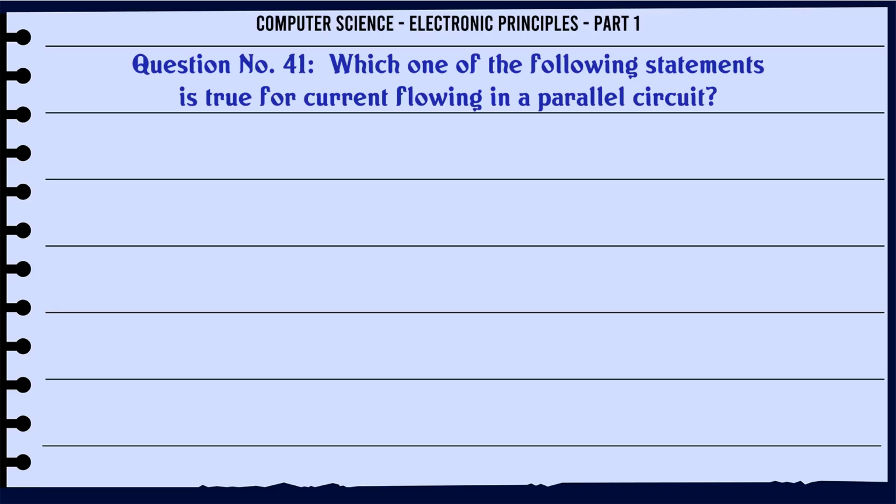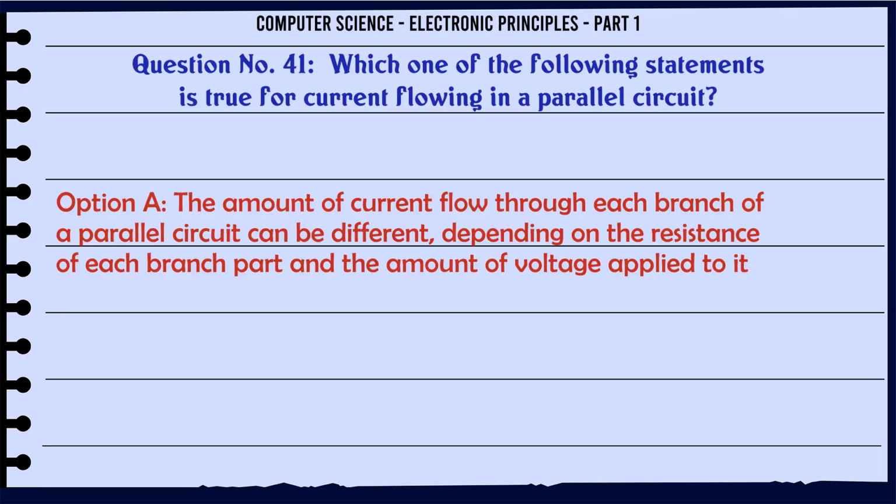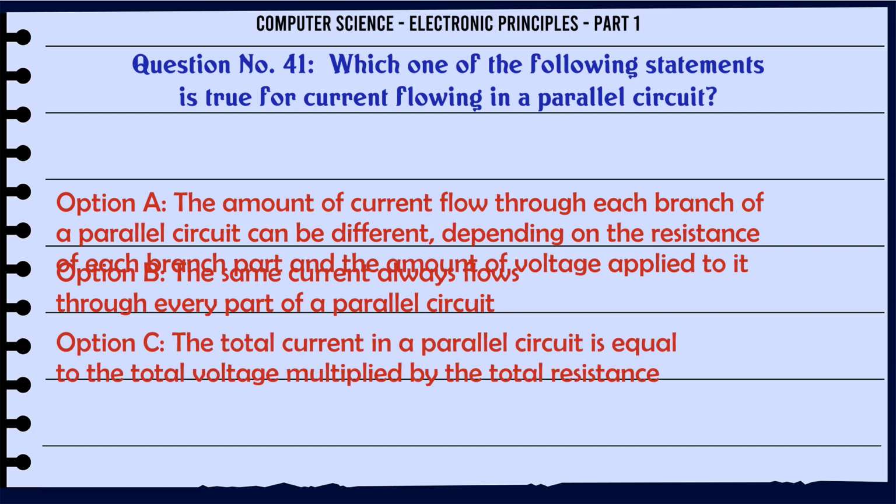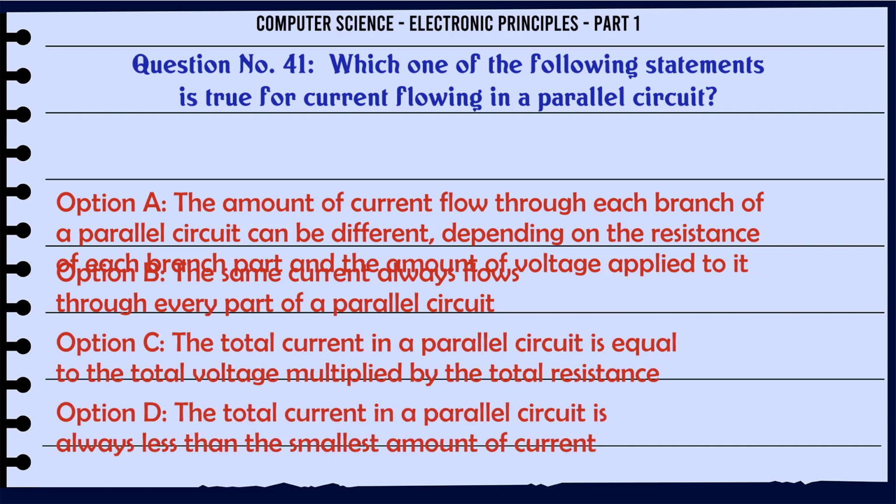Which one of the following statements is true for current flowing in a parallel circuit? A. The amount of current flow through each branch of a parallel circuit can be different depending on the resistance of each branch part and the amount of voltage applied to it. B. The same current always flows through every part of a parallel circuit.